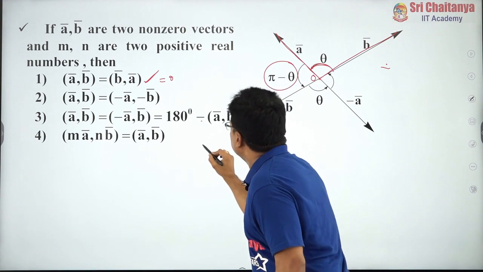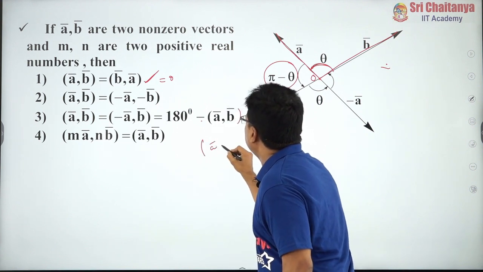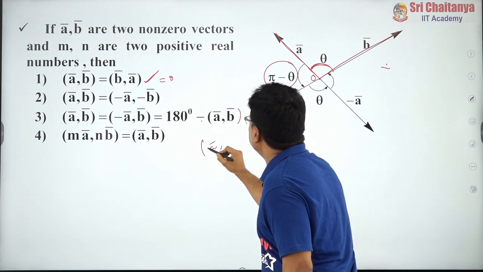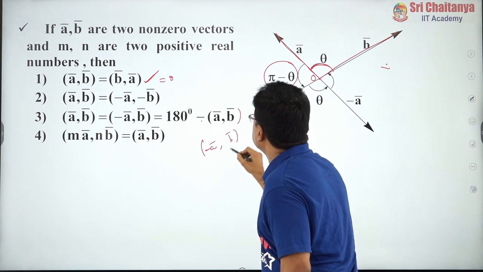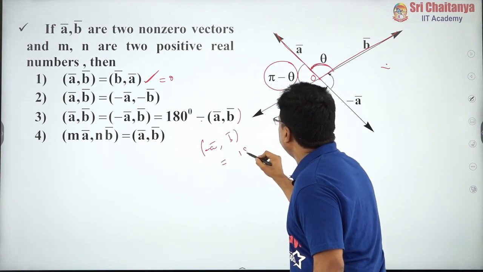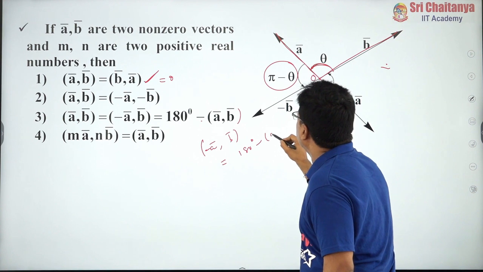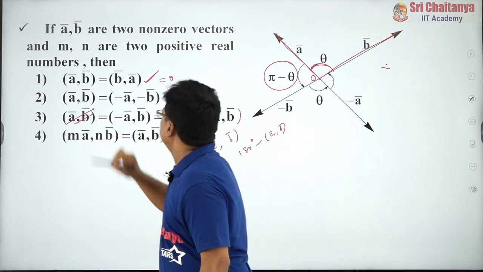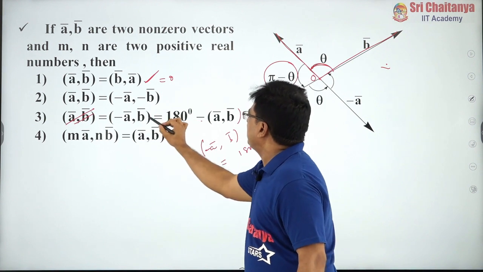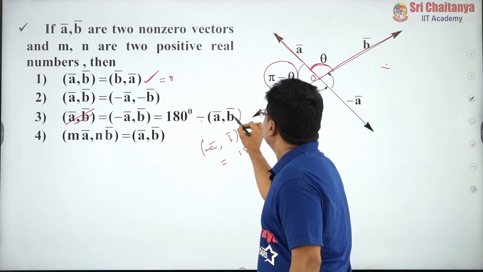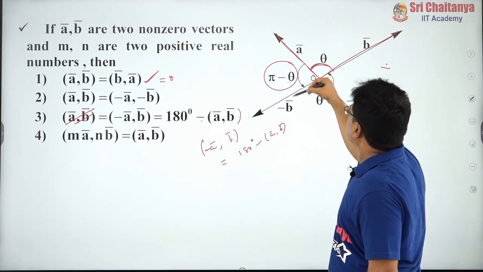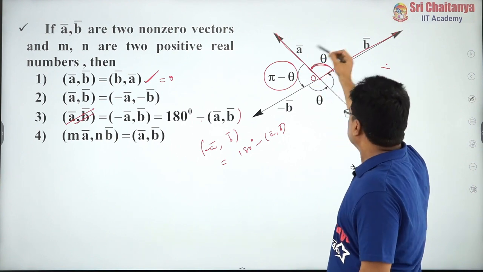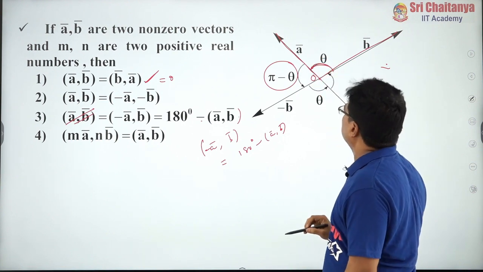Angle between minus A bar comma B bar is nothing but 180 degrees minus angle between A bar comma B bar. This is important. See the diagram, that's why I have represented this like this.